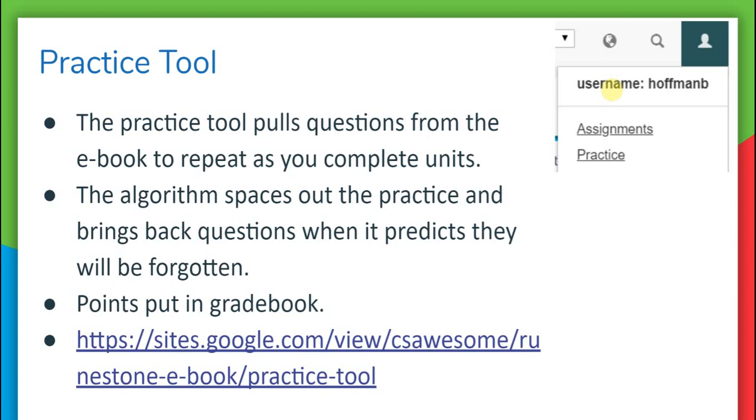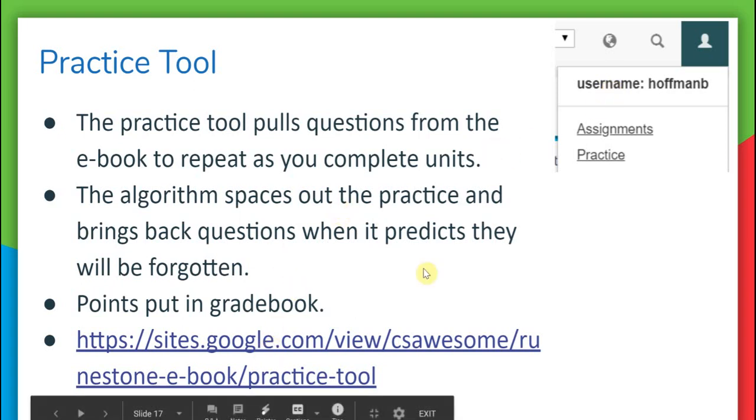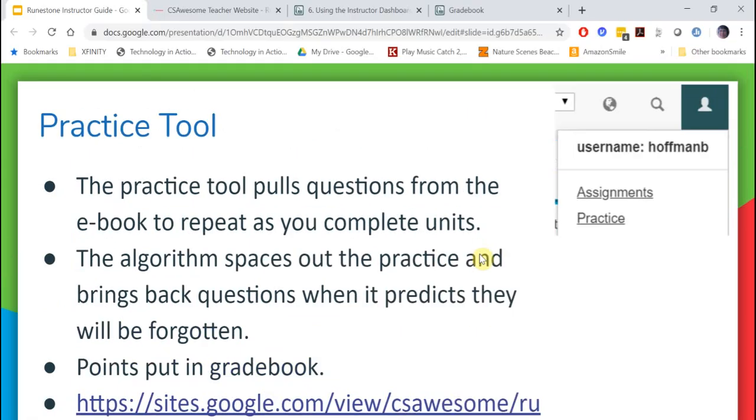And there's a whole algorithm behind it that tries to bring back questions just as you might have forgotten them. So this is called interleaved practice. And the points are put into the gradebook.